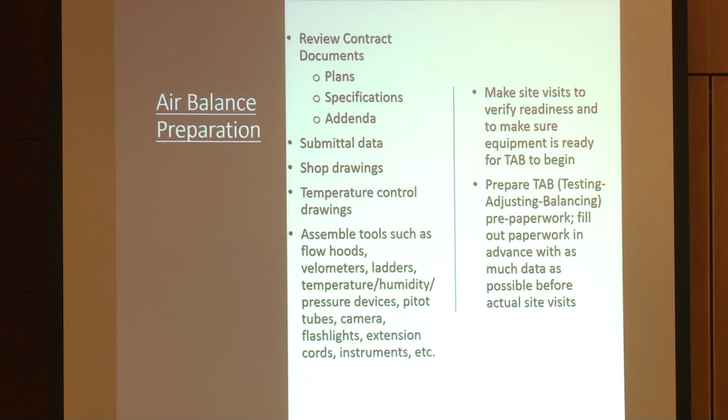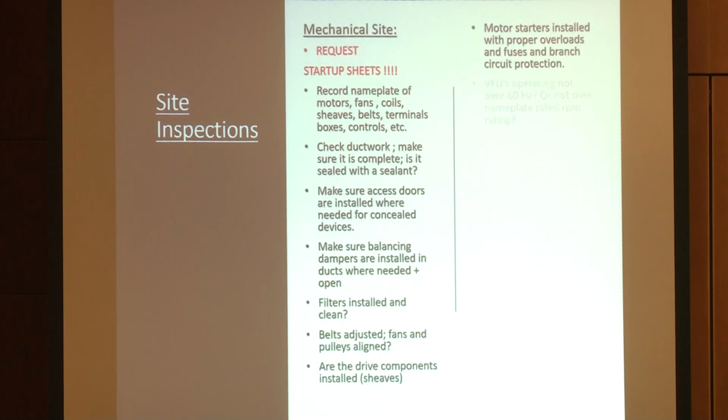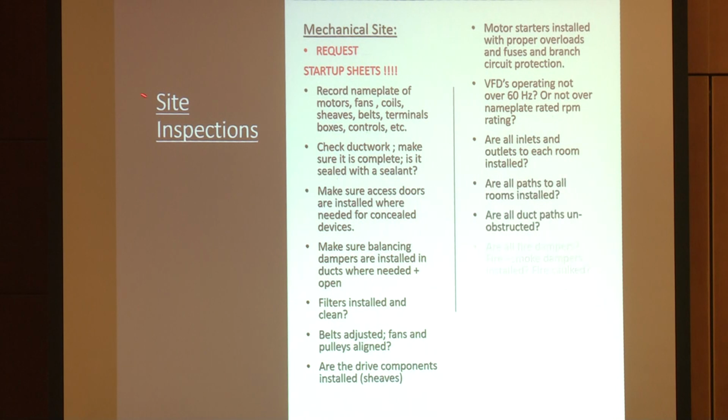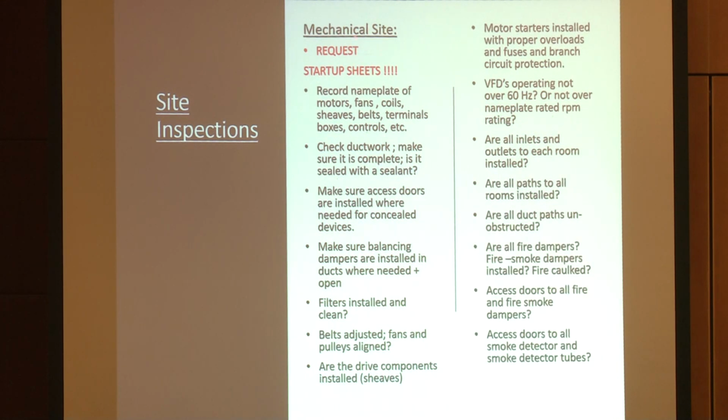That's going to tell you all of the things that you have to do, but you also have to walk around and see how the job looks. You've got to make the site inspections, and you have to make sure that all of the units have been started up properly, the air handlers, the exhaust fans, all of that. The mechanical contractor starts those up and makes sure they're run.